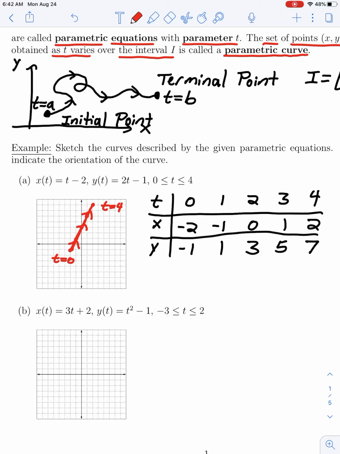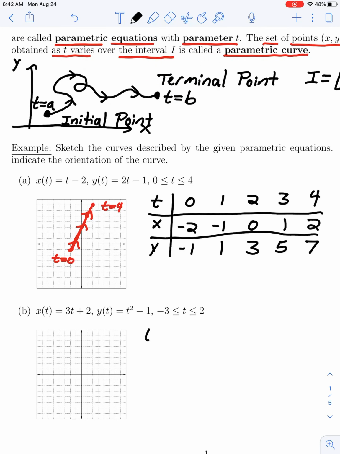In part B, we've got the parametric equations x is 3t plus 2, and y is t squared minus 1, as t ranges from -3 to positive 2. So again, let's use this same approach of taking values of t within our interval and substituting them into the parametric equations to find points on our curve.